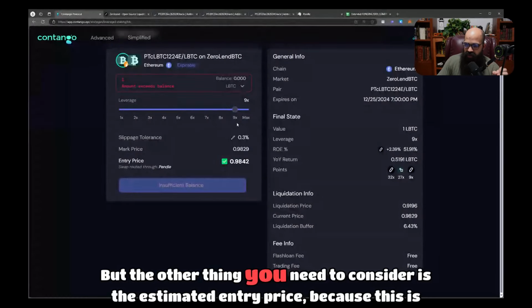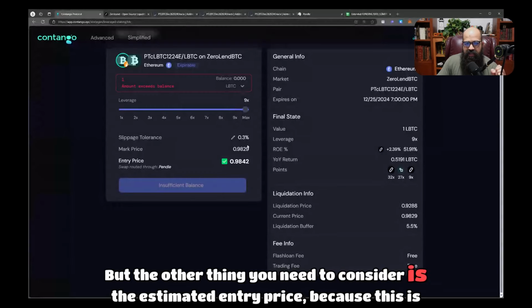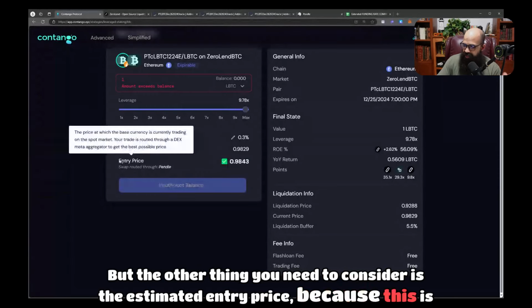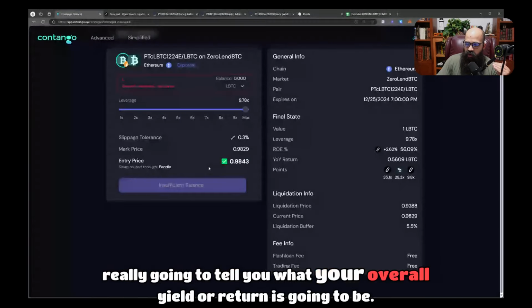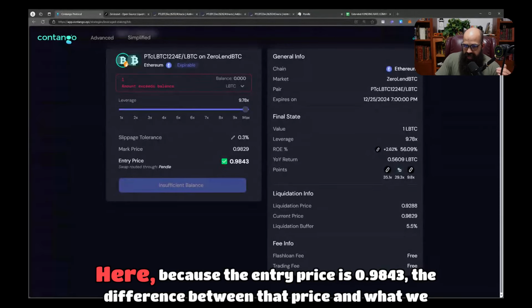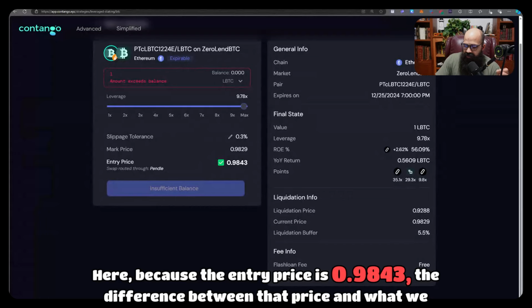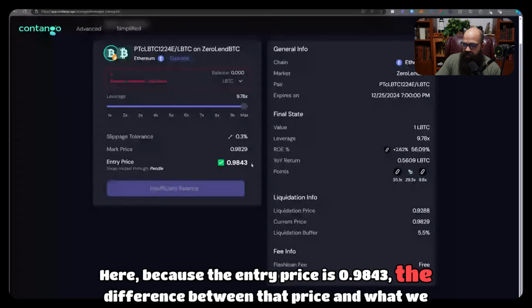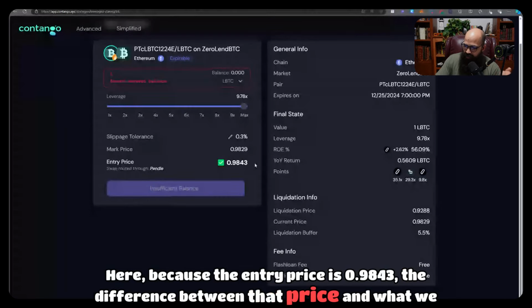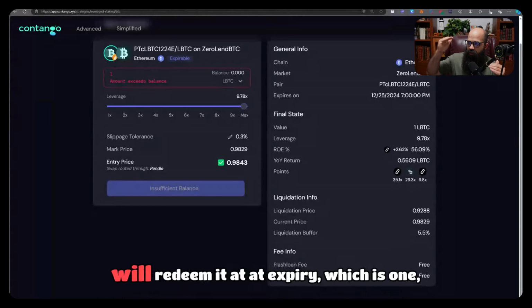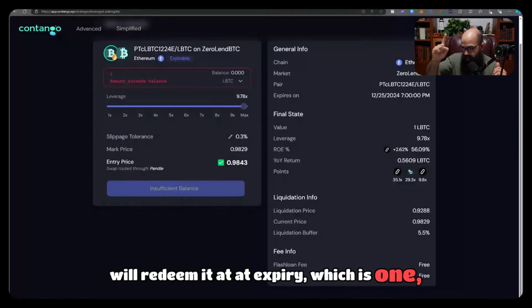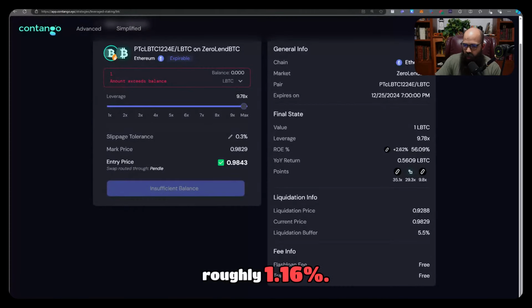But the other thing you need to consider is the estimated entry price, because this is really going to tell you what your overall yield or return is going to be. Here, because of the entry price, the difference between that price and what we will redeem it at expiry, which is 1, is roughly 1.16%.